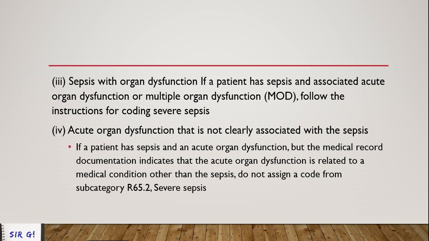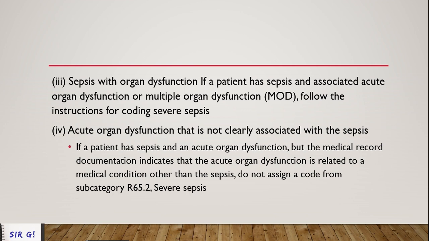Now, for example, there's a sepsis and there's also an organ dysfunction. You need to make sure that the documentation associates that organ dysfunction with sepsis. The provider should be clearly specifying that the severe sepsis is related to the organ dysfunction. Because there are cases where it is not clearly associated with sepsis.